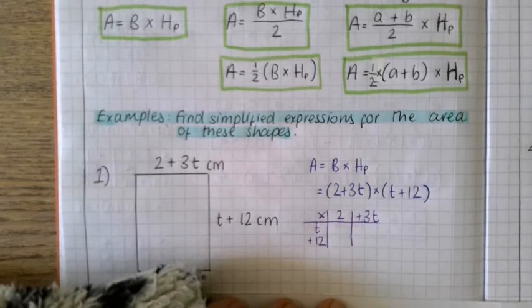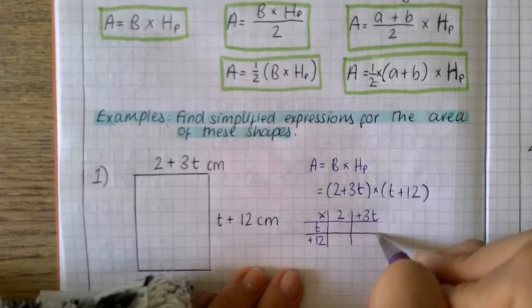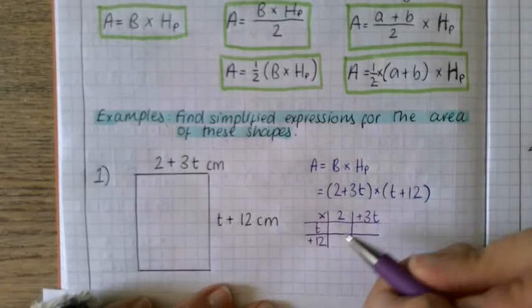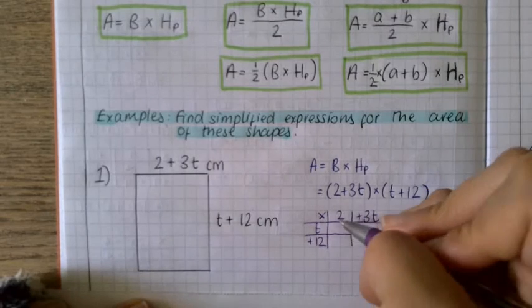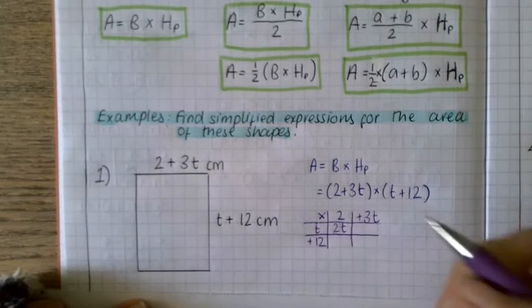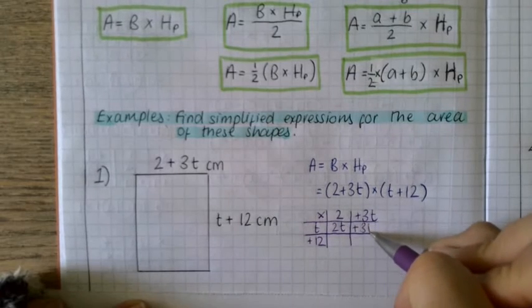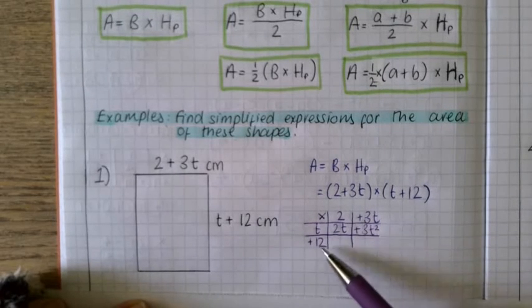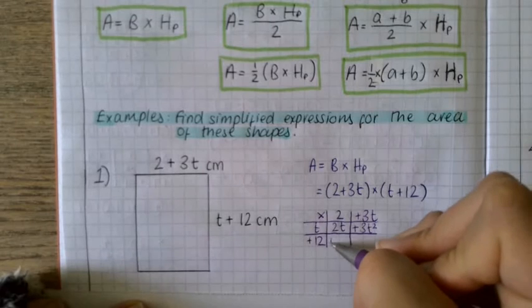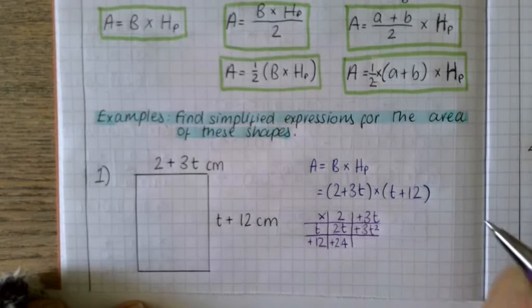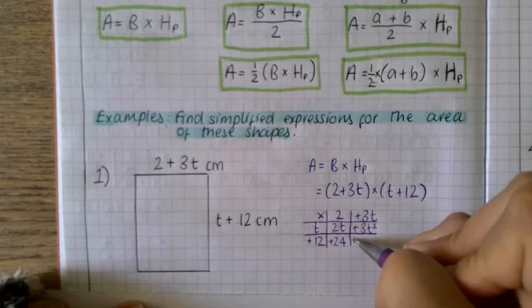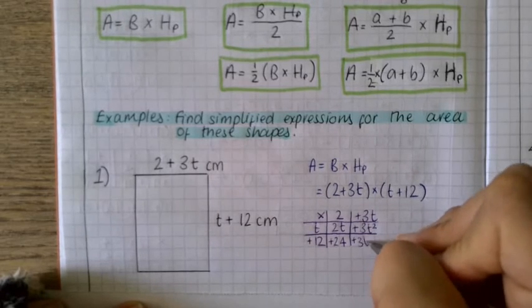So this is my grid method. And filling in my grid, I've got t multiplied by 2, which is 2t. T multiplied by positive 3t, which is positive 3t squared. 2 multiplied by plus 12, or positive 12, is positive 24. And positive 12 multiplied by positive 3t is positive 36t.